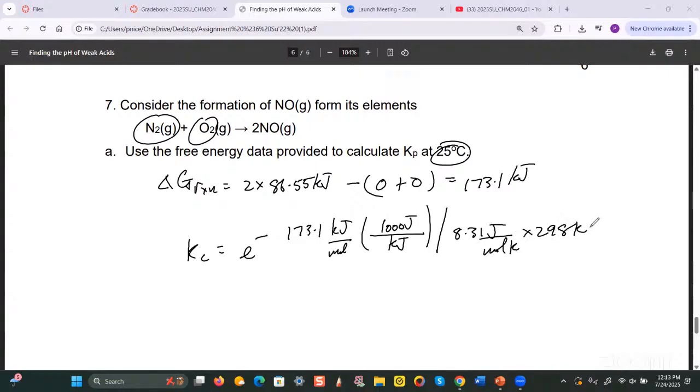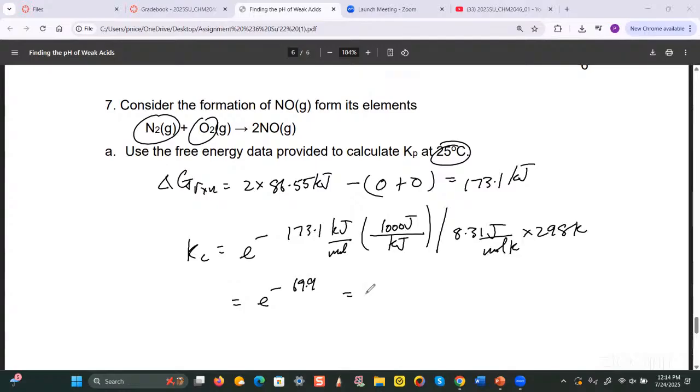So let's see what that gives. 173.1 negative times 1,000, and then divide that by 8.31 times 298. Okay, so when I did that, I got e to the minus 69, how many sig figs? 69.9. So again, whatever the number of decimal places here, the number of sig figs have to be the same.